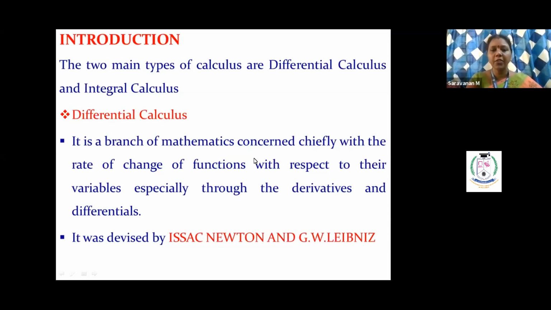What do you mean by rate of change? From one place moving to another place, we'll be finding the change. So we are going to find the derivative with respect to the variables, especially through the derivatives and differentials. It was devised by Isaac Newton and G.W. Leibniz.